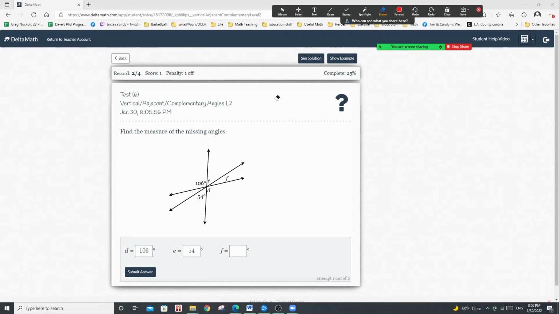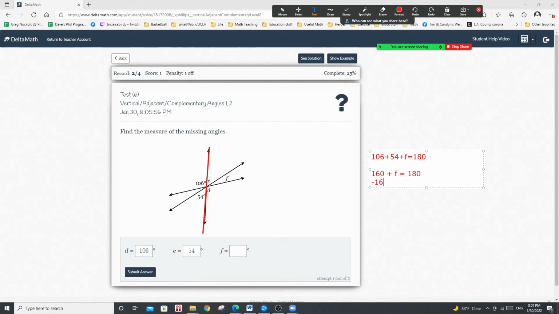Finally, the F we can get because these angles on this right side are all to the right side of this line, so these all add up to 180. So I set up my equation. 106 plus 54 plus F equals 180. 160 plus F is equal to 180.